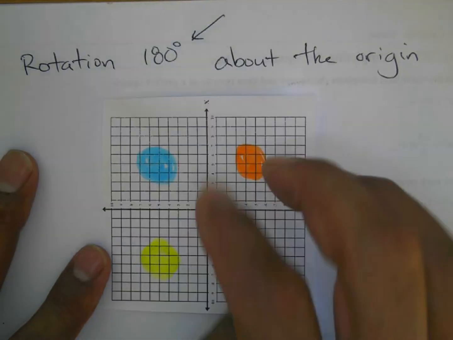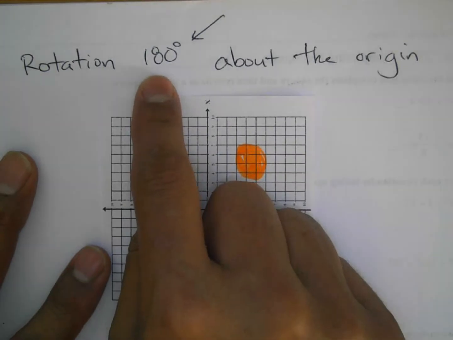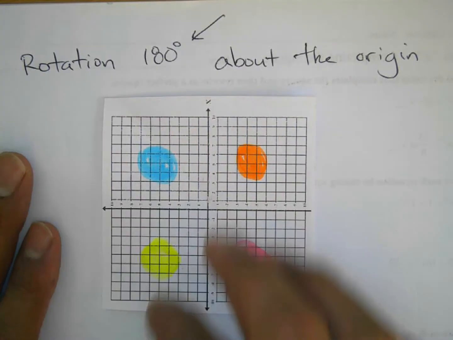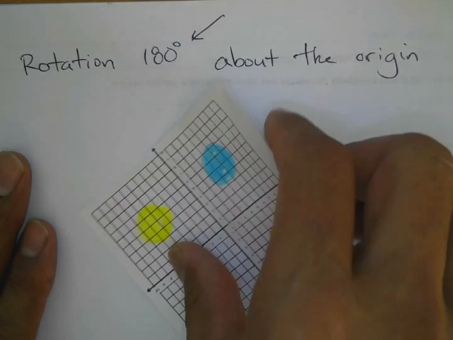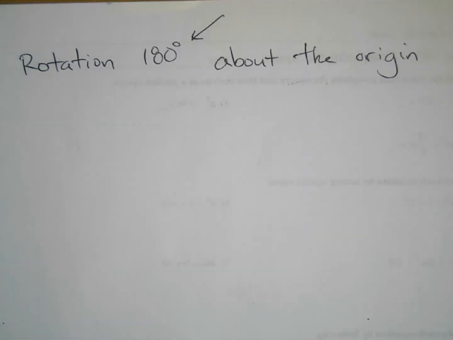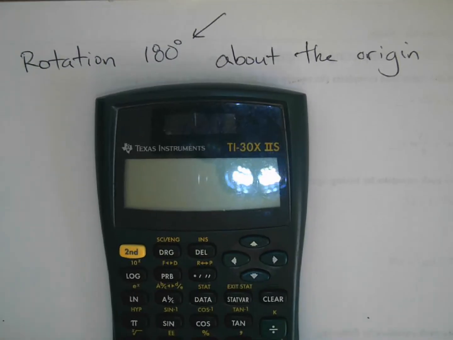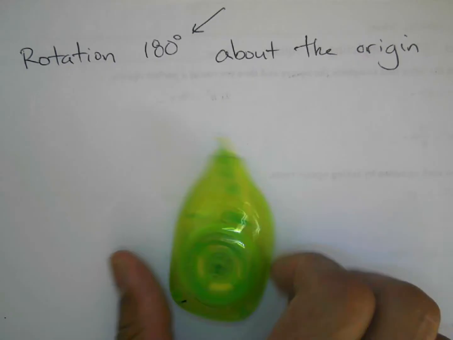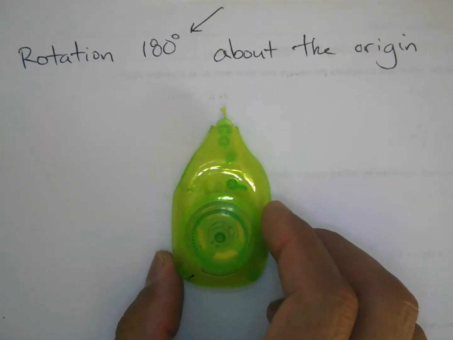Now, when you rotate 180 degrees, 180 degrees is half a turn, right? It's two 90s. So the good thing about that is, let's say I have my calculator here. I hope you guys can see this. Actually, let me use something smaller like this. You see this?